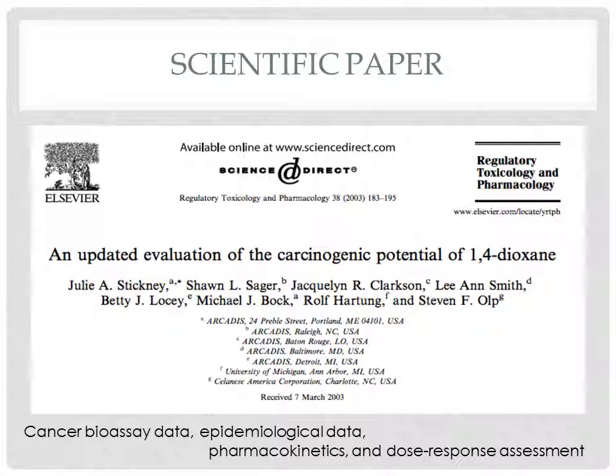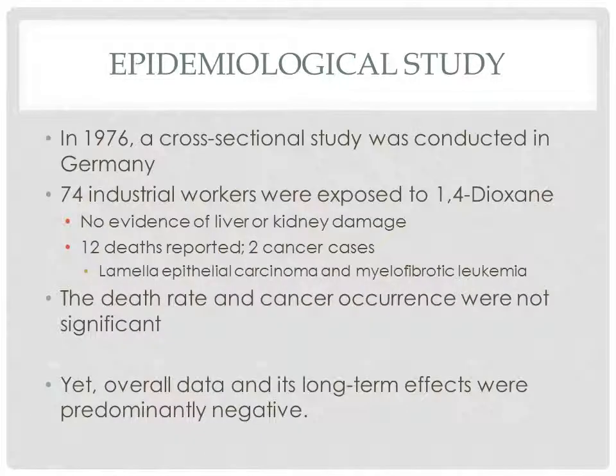This paper summarized all the studies into 4 categories: cancer bioassay data, epidemiological data, pharmacokinetics, and dose response assessment. Out of the many studies summarized in this paper, I took a special look at epidemiological studies. One of them was conducted in 1976 as a cross-sectional study in Germany.